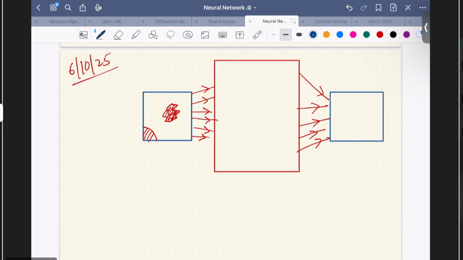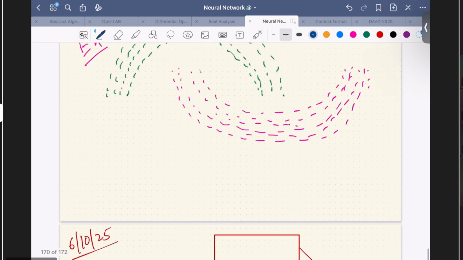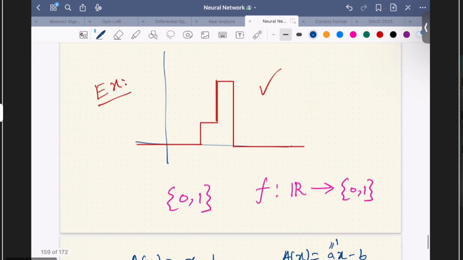So far what we have seen is f of x belongs to a neural network, which we generally denote as sigma n. I don't remember exactly what the notation is. What was the notation? I need to go back.